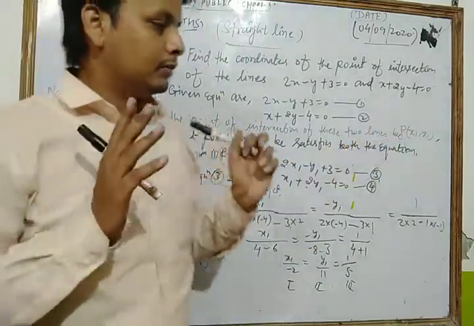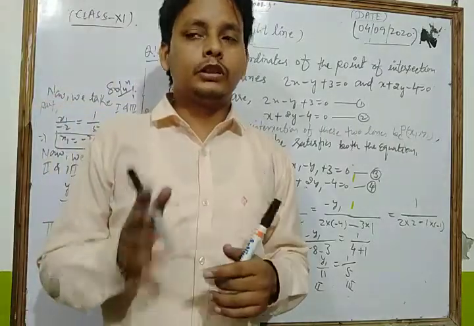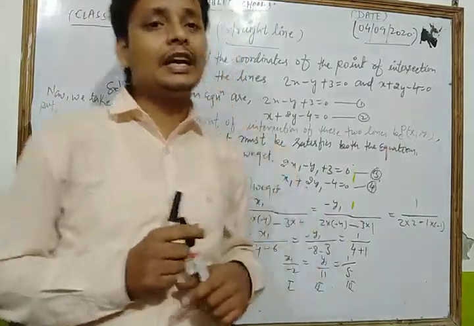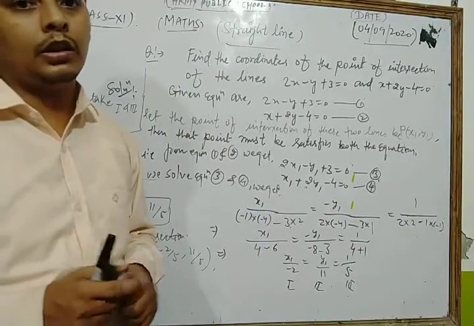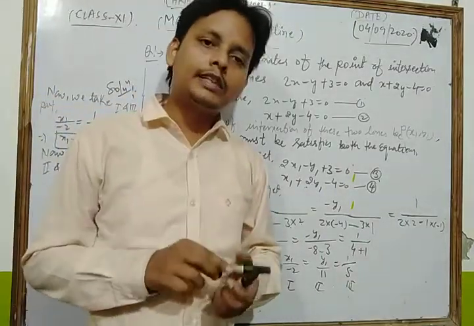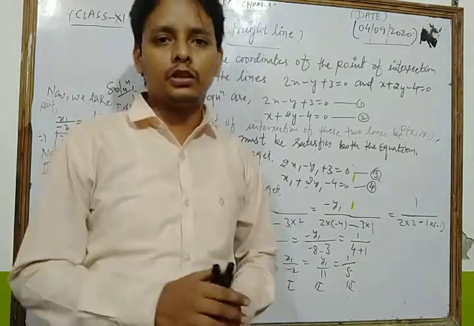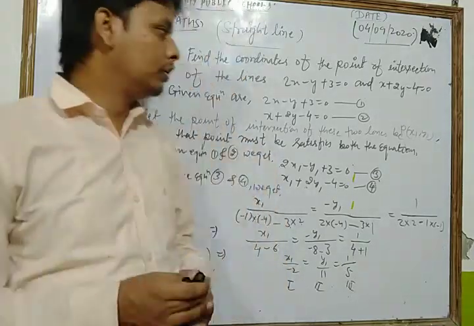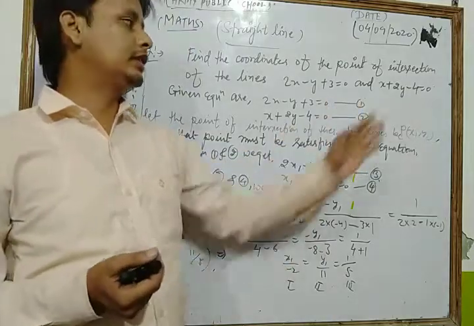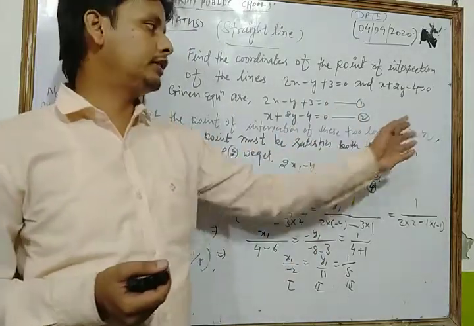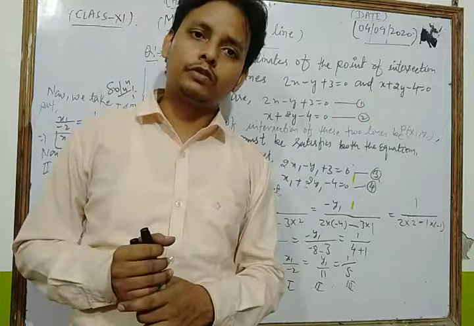Now we take the point of intersection of these lines as x1, y1. If x1, y1 is the point of intersection, then it must satisfy the given equations of the lines.